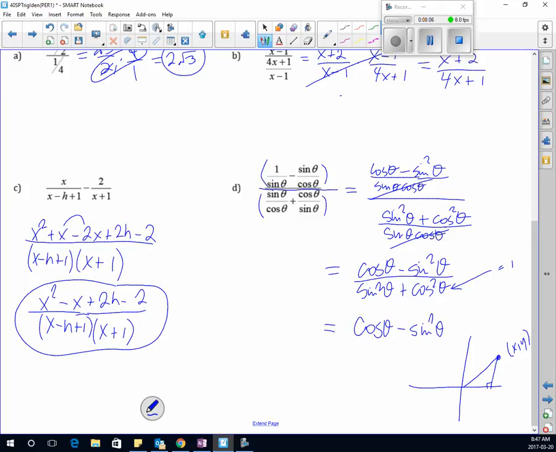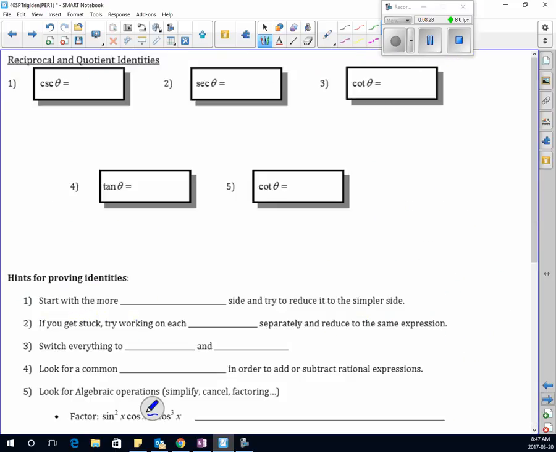Yeah, it was also cos theta, comma sine theta, which means if I use Pythagorean theorem, this is cos theta, and this is sine theta, and this is equal to 1. Do you see how I'm getting sine squared theta plus cos squared theta equals 1?